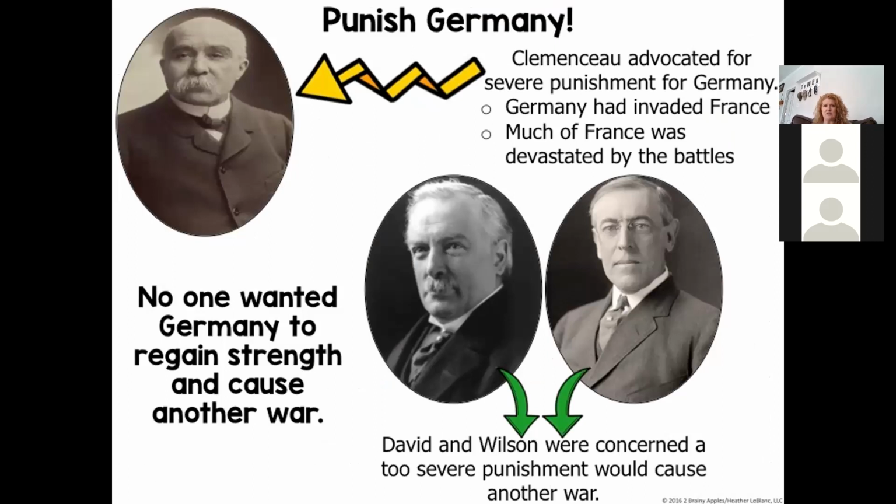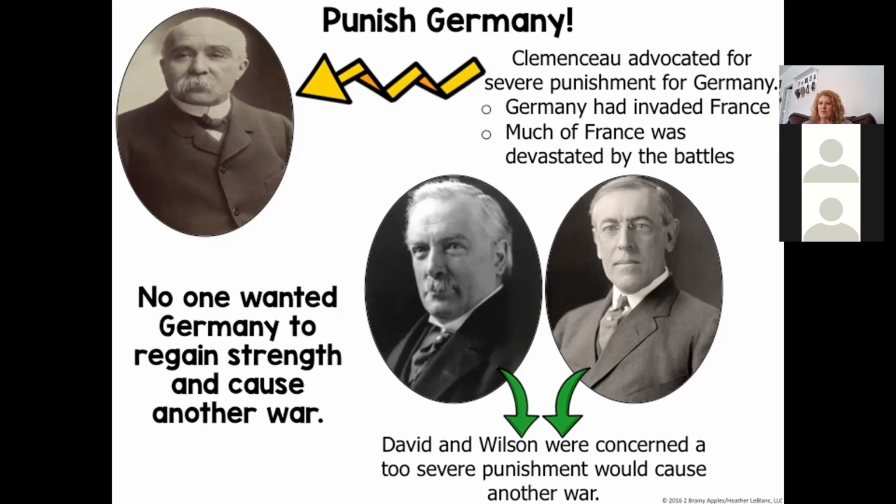We're not just signing a treaty here to end the war. We also want to make sure Germany is punished severely. They had invaded France, they had devastated France in many of the battles. And France wants Germany punished, not just peace, punished.